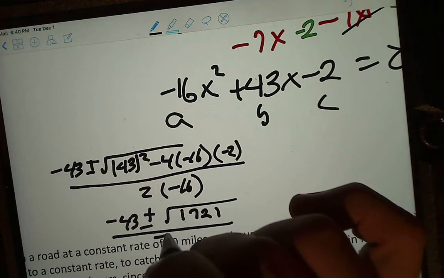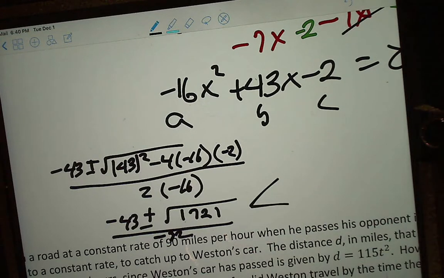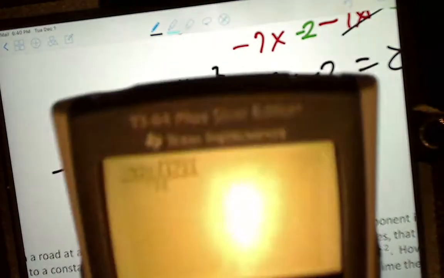And I've got to learn to write this a little better next time. But anyway, I'm going to get 2 answers out of this. So the first one is negative 43 plus the square root of 1721 all over a negative 32. And I get, what did I get?